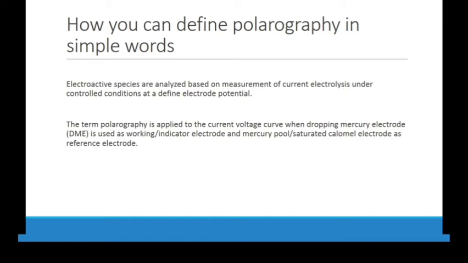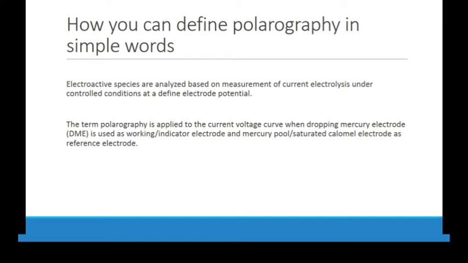The current-voltage curve, which means a graph, is obtained when a dropping mercury electrode is used as the working or indicator electrode. In this technique we only use the dropping mercury electrode as the indicator electrode, and a mercury pool or saturated calomel electrode as the reference electrode.